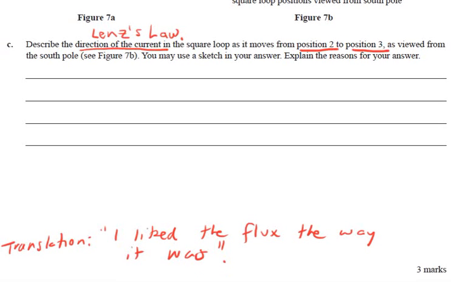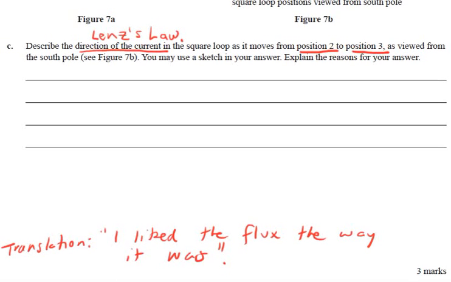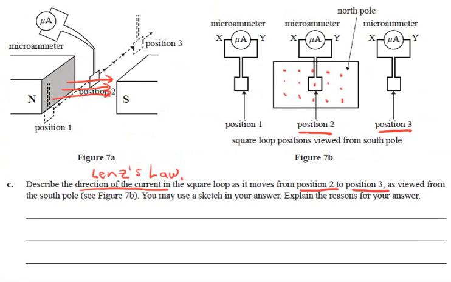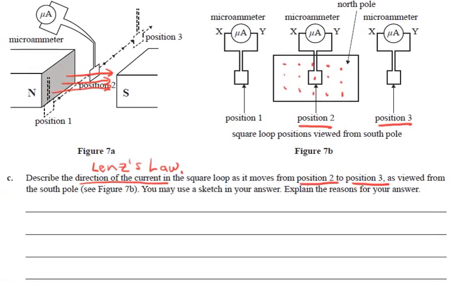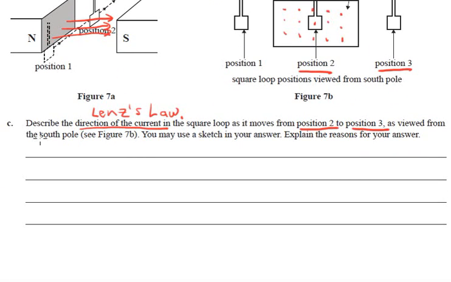Now, this is a 3-mark question. They want us to describe, so there's going to be 3 dot points for this. Right, so let's write out our answer in black. First dot point.